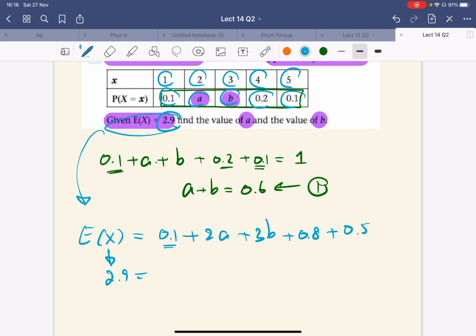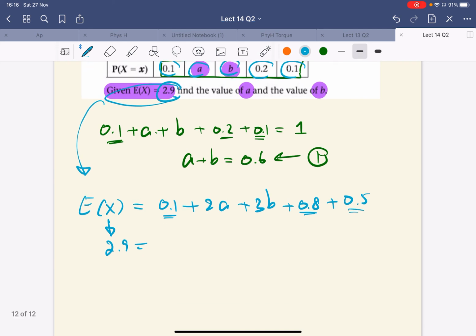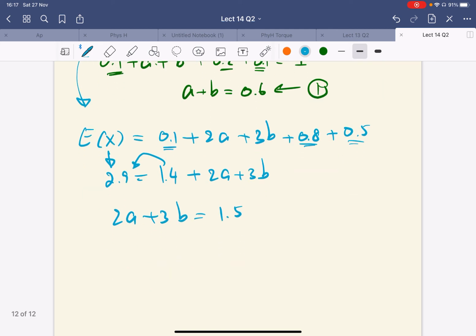Add these, and that is 1.4 plus 2a plus 3b. Simplify that: 2a plus 3b is equal to, subtracting this, 2.9 minus 1.4, which is 1.5. This is my second equation.